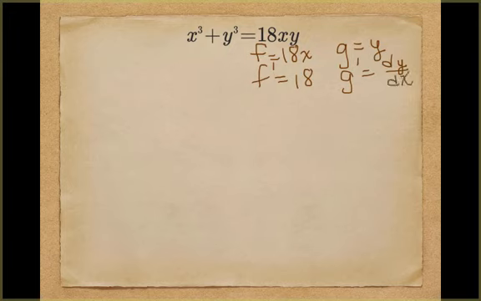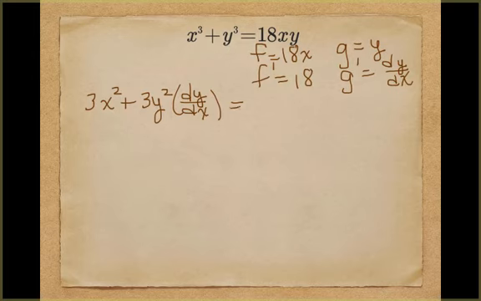So my derivative of this function is 3x squared plus 3y squared dy/dx equals 18y plus 18x dy/dx.